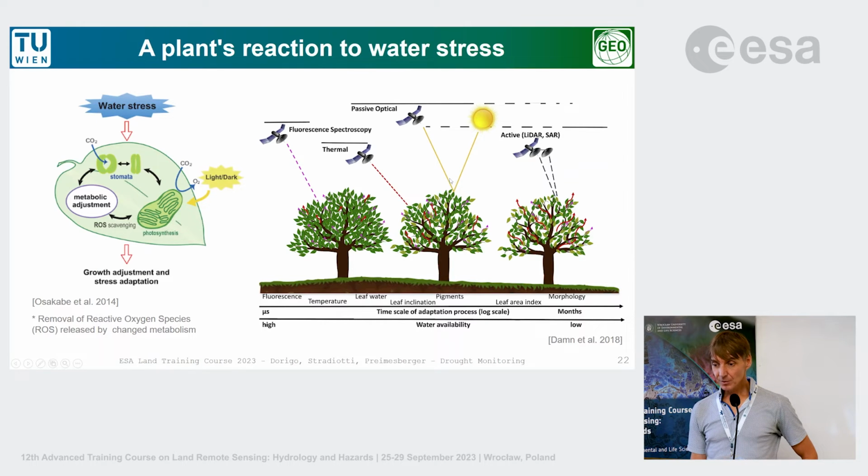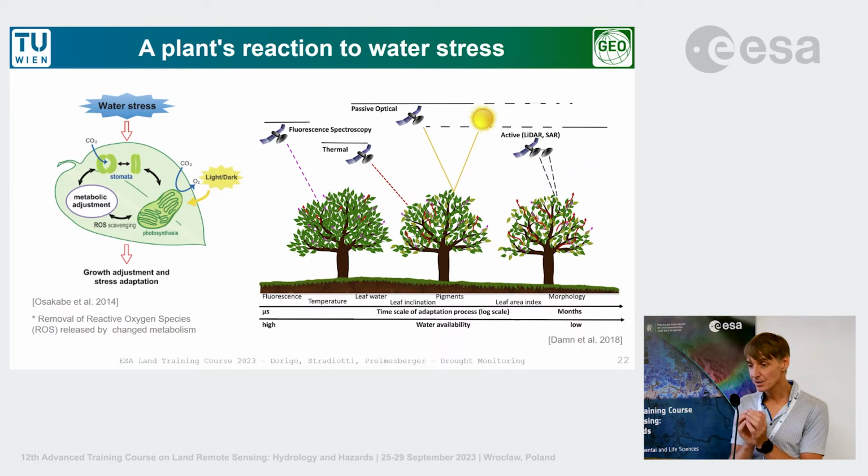Also, leaf water reduces, so there's less transpiration or evaporation by the plant. So the water level in the plants reduces, and you can measure that ideally by active or passive microwave remote sensing.